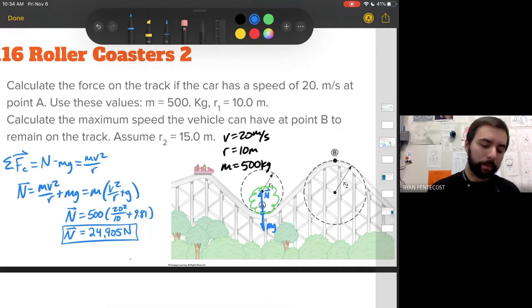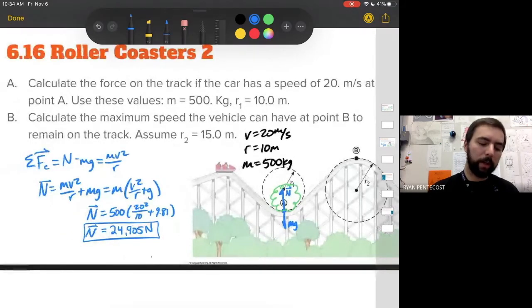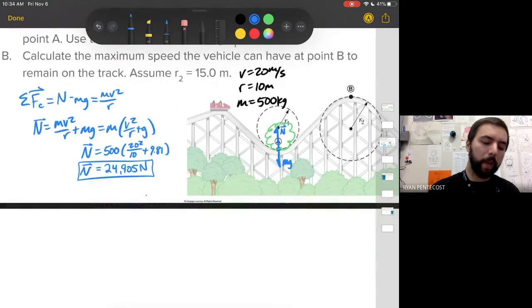All right. Now for part B, calculate the maximum speed the vehicle can have at point B to remain on the track. And now we've got a wider turn up there. You can see on that circle diagram, it's a wider turn. We're going to assume a larger radius of 15 meters instead of 10. So we actually have this equation, square root of gr, but let's go ahead and show how we got that again real quick.